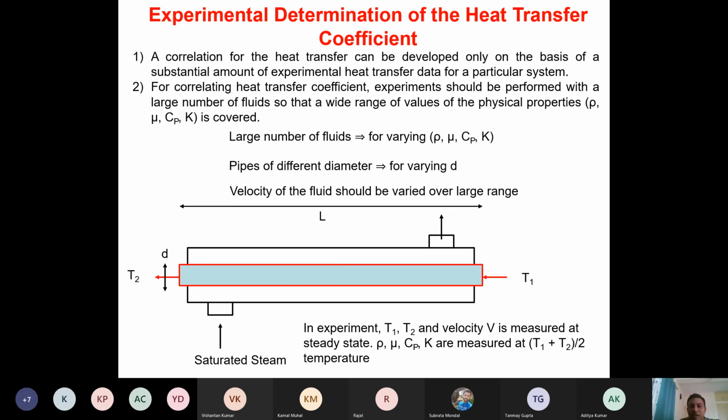But suppose the velocity of the fluid is low and the flow is in the laminar region. In that case, what will be more prominent? More prominent is going to be conduction across this entire pipe, and that is looked at in the Peclet number.